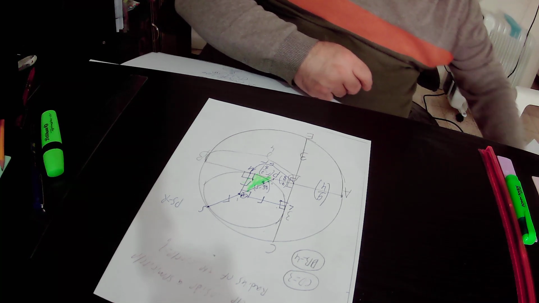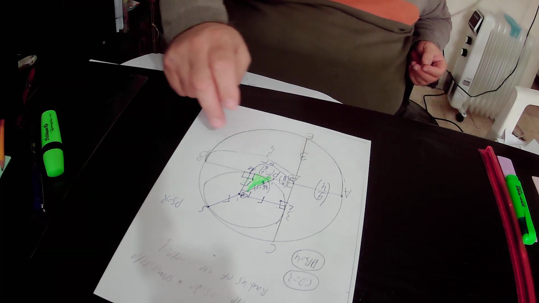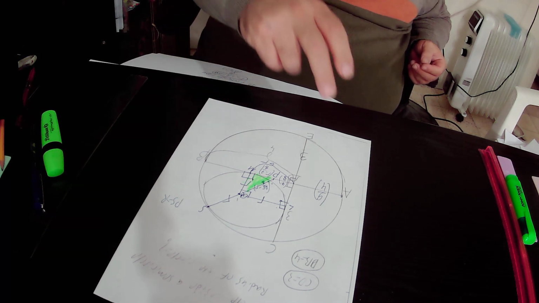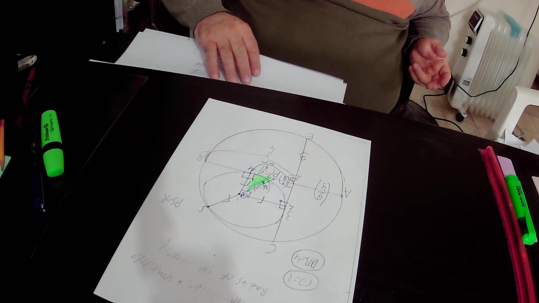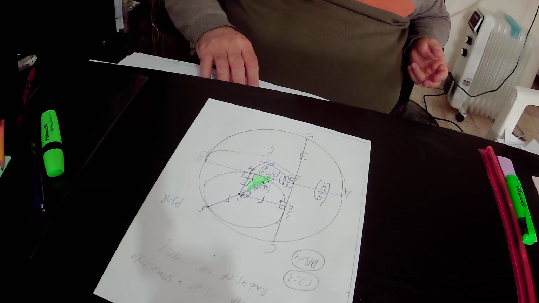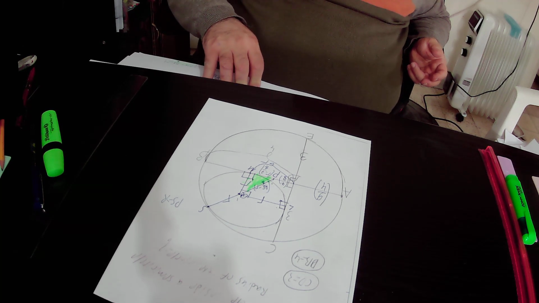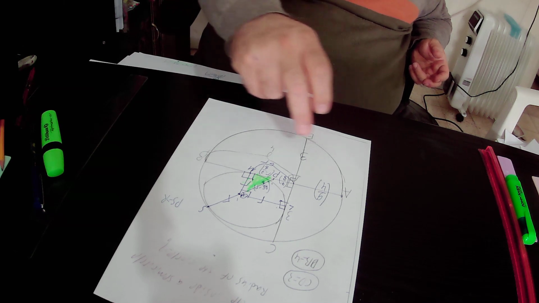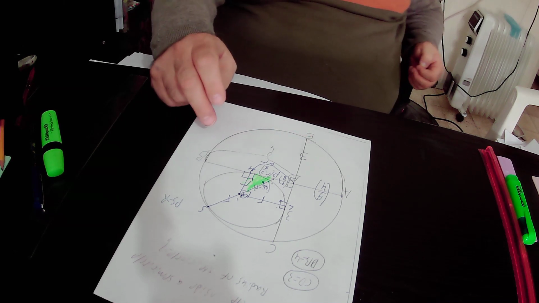we know that AB is the diameter of the semicircle and also the diameter of the circle itself. And the diameter of any circle or semicircle is twice as long as the radius. So we divide the diameter AB by 2.